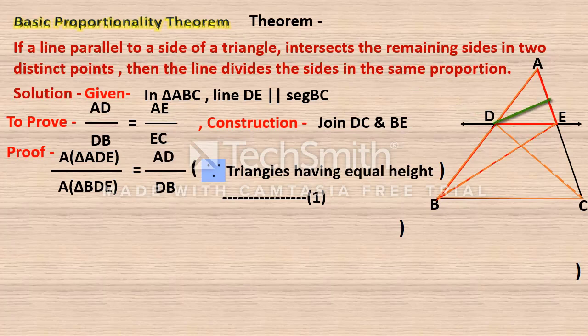Since the height is equal, the triangles' areas are proportional to their bases, that is AE base divided by EC base.